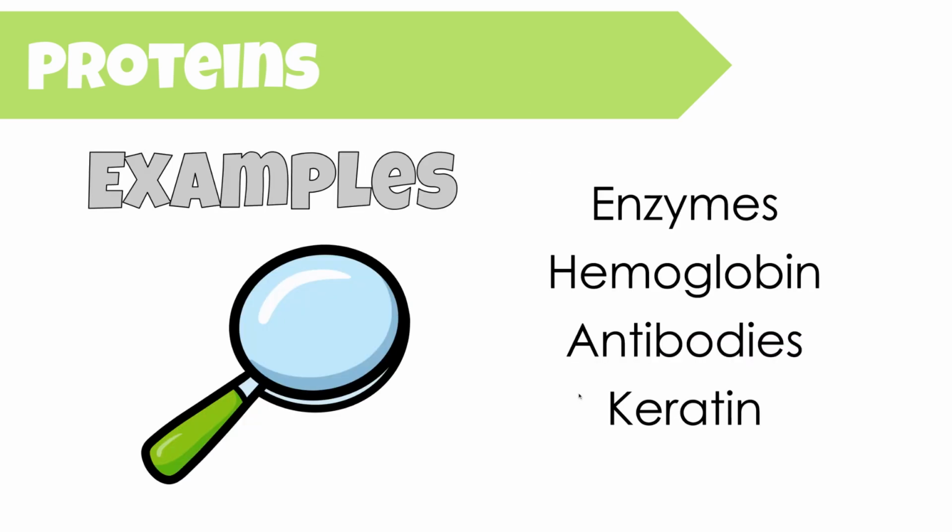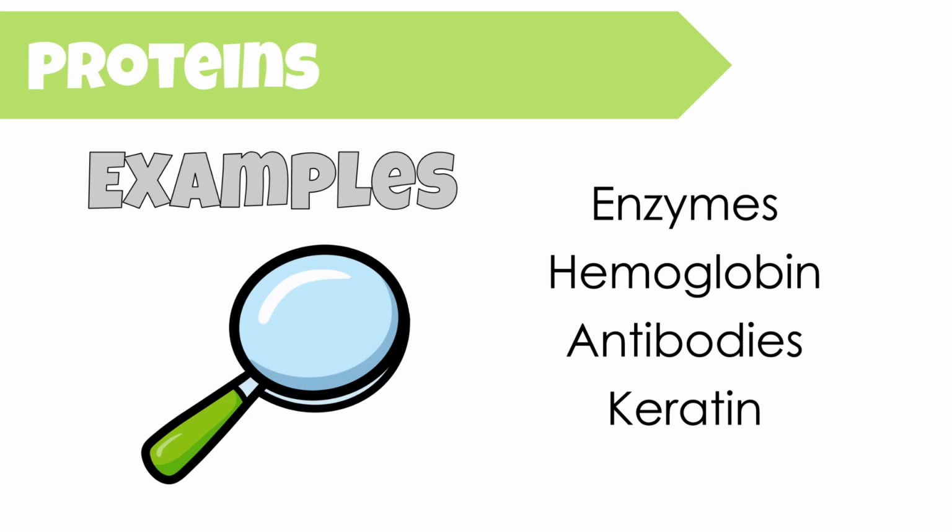Some examples of proteins: there are all different kinds of proteins, hundreds and hundreds, if not thousands and thousands, of different proteins in cells. So there are lots of different types of enzymes. Enzymes are a class of proteins. These are the ones responsible for speeding up or making chemical reactions happen within the cell. Some ones that we'll probably talk about throughout this video series are hemoglobin, a protein found in your blood.